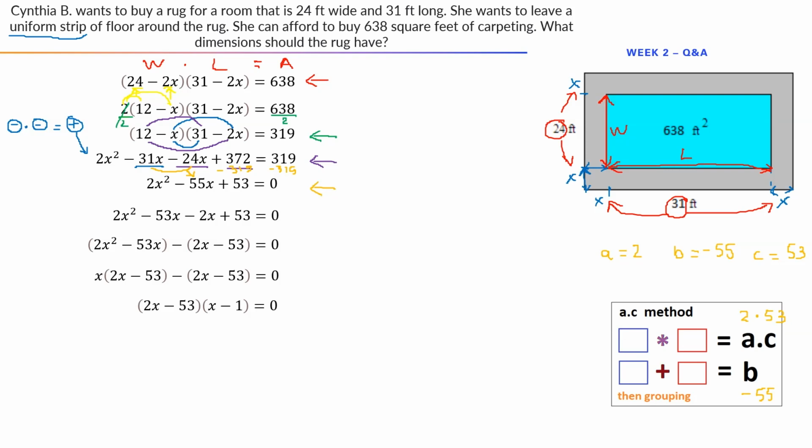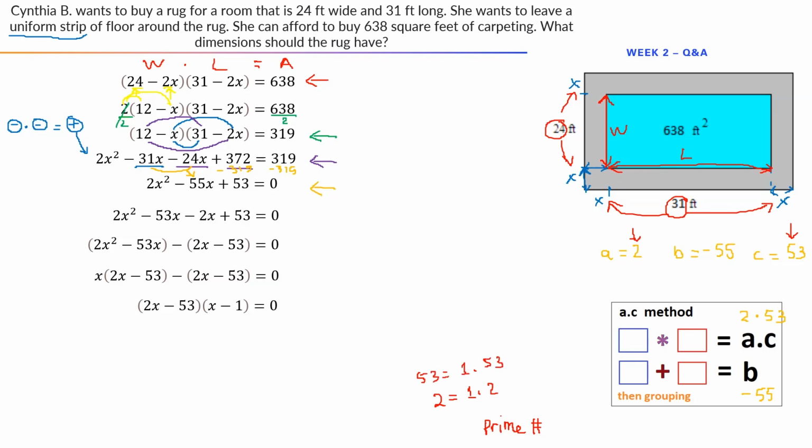One hint: 2 and 53 are prime numbers. A prime number is a number only divisible by 1 or itself. So it's the product of 1 and itself. So it's just like 2 is equal to 1 times 2, right? 53 is equal to 1 times 53.